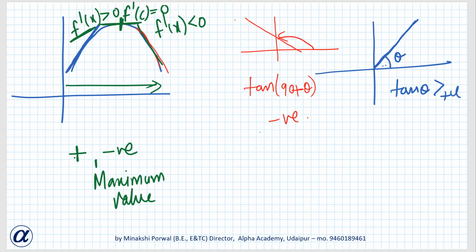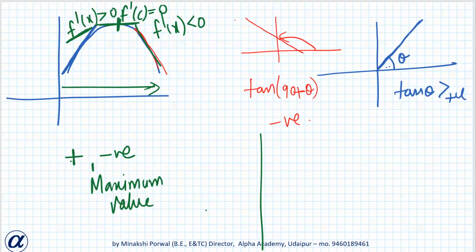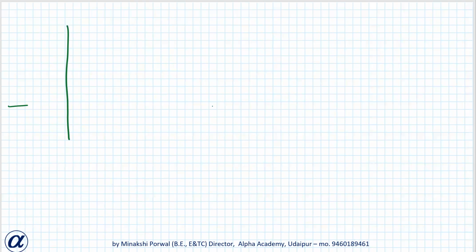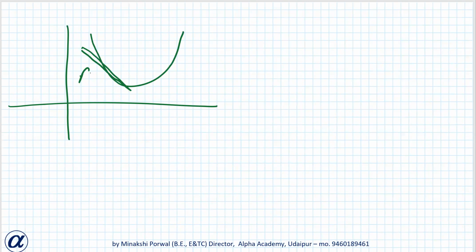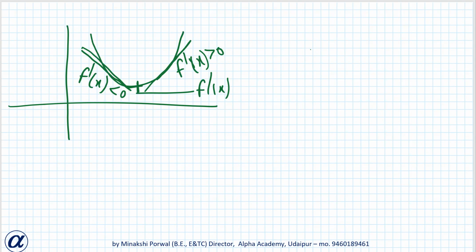Okay, now suppose there is a function like this. Here, the slope of the graph will be negative, so f dash x is less than 0. Here, the slope of the graph will be positive, so f dash x will be greater than 0. And this is the critical point or extreme point. At this point, if we draw a tangent, it will be parallel to the x-axis, so the slope will be 0.